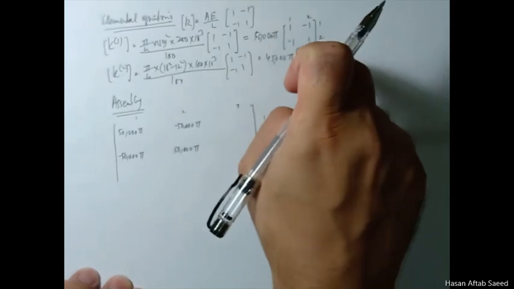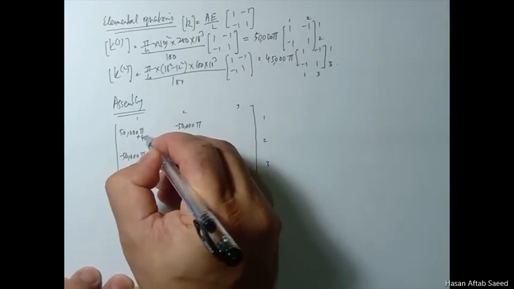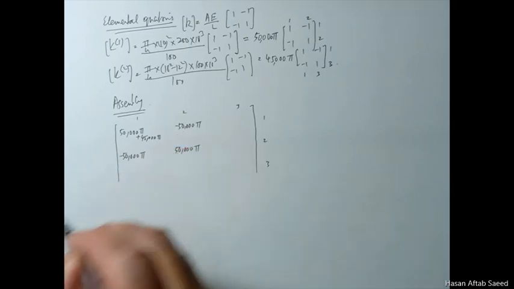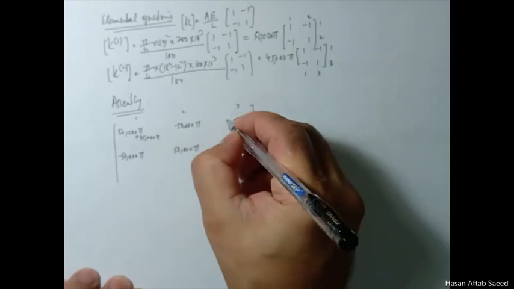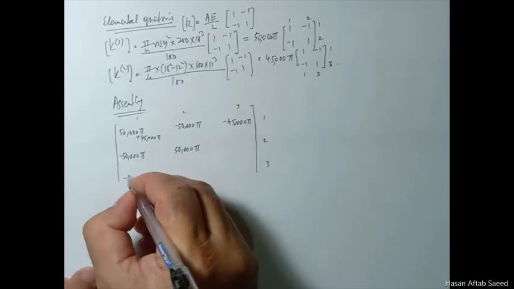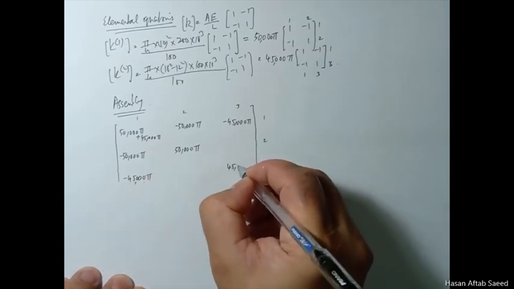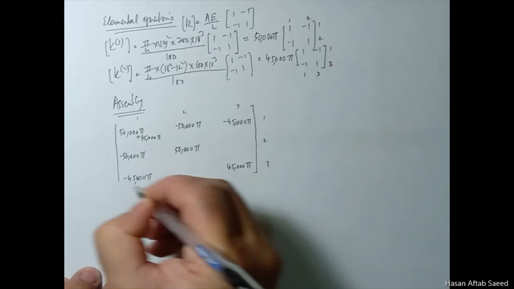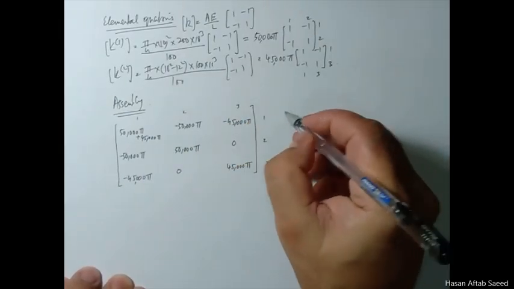Now element 2, the first 1 1 again, plus 45,000 pi, but this comes in the place of 3 1 or 1 3, minus 45,000 pi, minus 45,000 pi, 45,000 pi, 0 0.